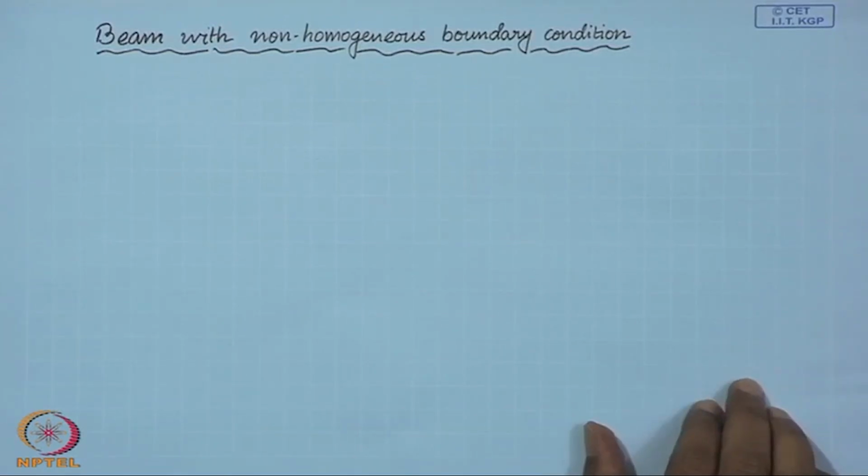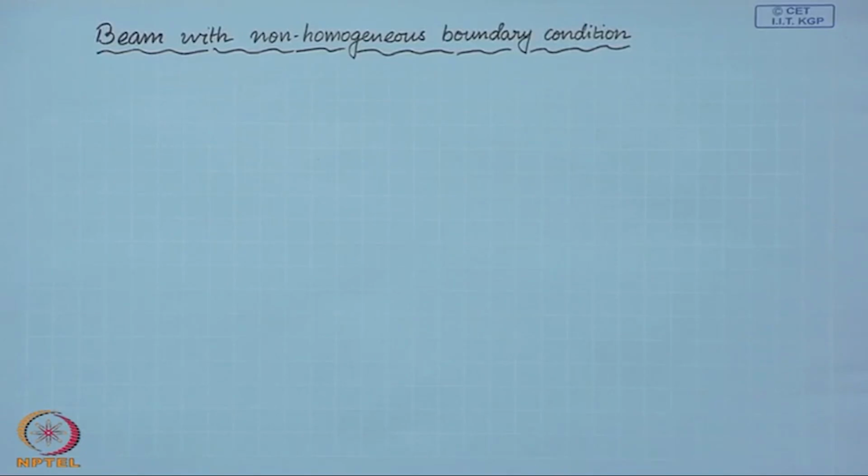So, in various situations you find beams which are excited at the boundary. For example, when you have an absorber attached to a vibrating structure, an absorber made of a continuous system like a beam which may be attached to a vibrating surface or a structure for the purpose of vibration absorption.